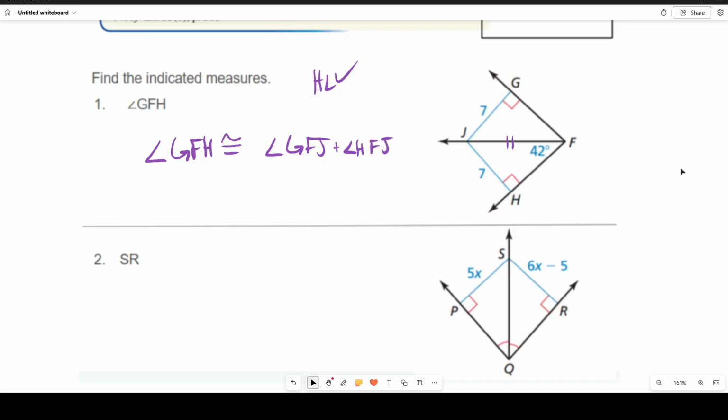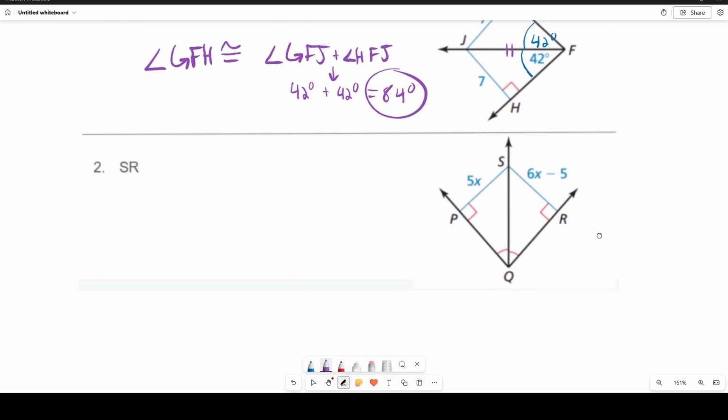Now we know these two pieces are going to be the same as each other because these are congruent triangles. So I'm going to, with a different color, just mark in that this is the same, like that. So then we can fill in this. So we have 42 degrees plus 42 degrees, which is going to equal 84 degrees. And if you circle that, you're right.